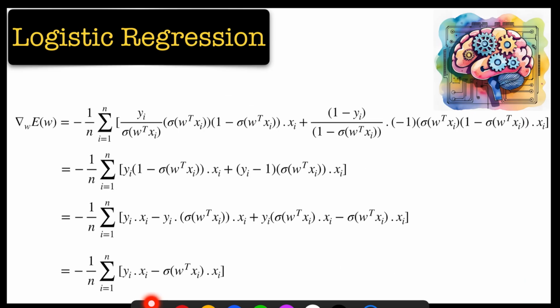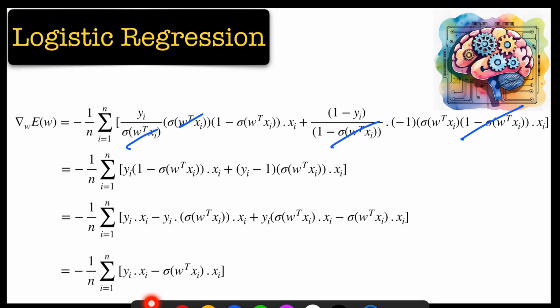Now simplify this. I have copied the same thing here. So let's see. This sigmoid of w transpose xi and sigmoid of w transpose xi, we can cross these two. And here also we see 1 minus sigmoid of w transpose xi and 1 minus sigmoid of w transpose xi. These two also we can cross. We don't need that. So what is remaining?